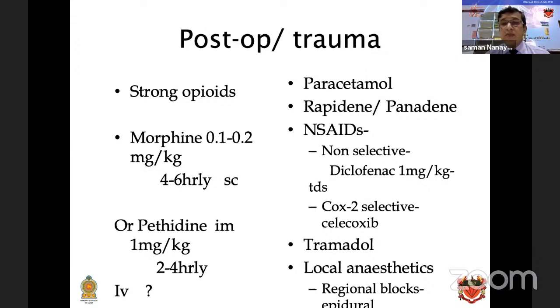You can also use tramadol, which is a mild opioid, but don't use tramadol and morphine together. Morphine is the more potent drug. Tramadol is a partial agonist.